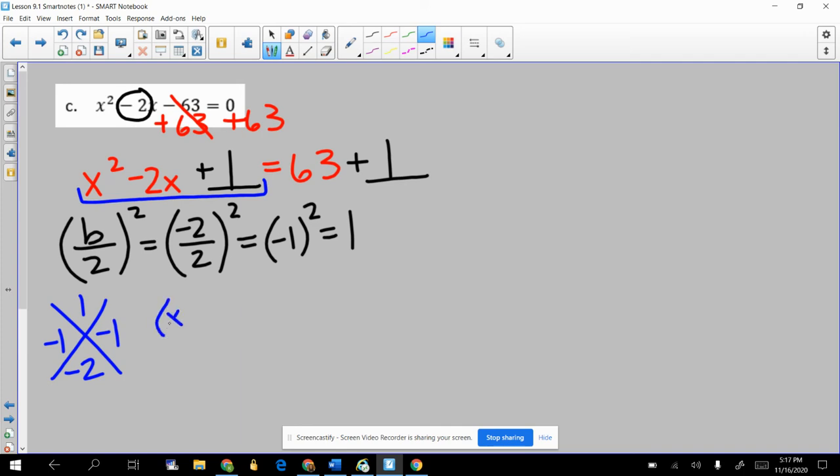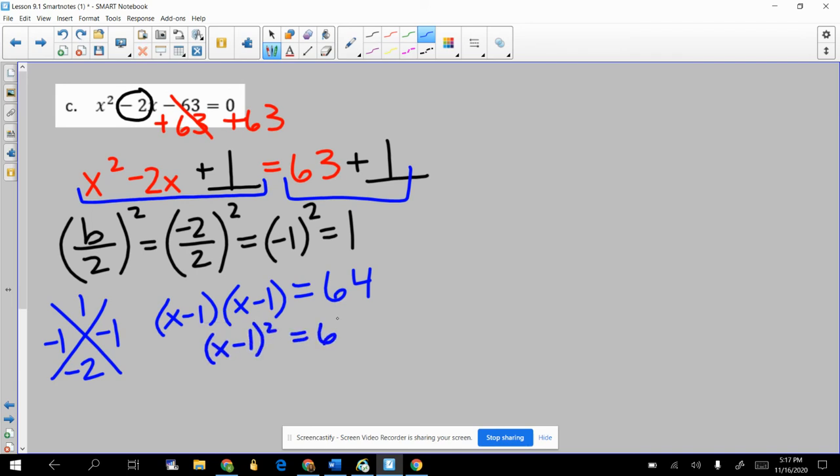So I would write that as x minus 1 squared, those are my factors, and then set it equal to 63 plus 1, which is 64. I can rewrite this as x minus 1 squared equals 64. Then I can go ahead and take the square root of both sides, and I'll be left with x minus 1 equals plus or minus 8.